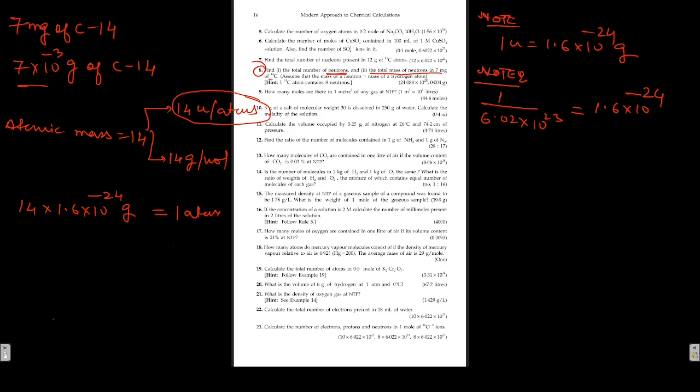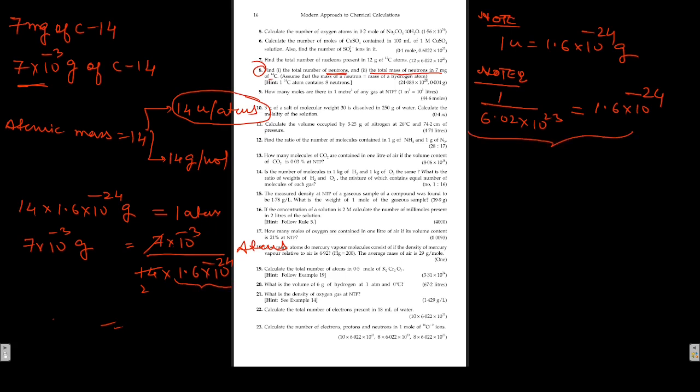So we can say this particular value, 7 into 10 to the power minus 3 gram, is equal to 7 into 10 to the power minus 3 divided by 14 into 1.6 into 10 to the power minus 24 atoms. Here you can divide, it is 2, but don't try to do anything else because you have to apply this concept here.